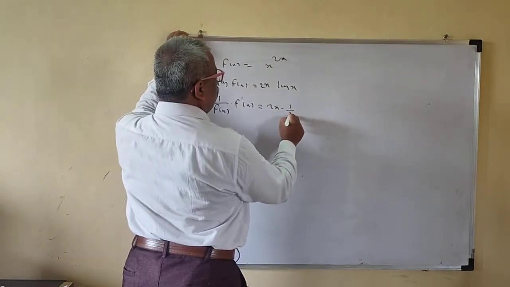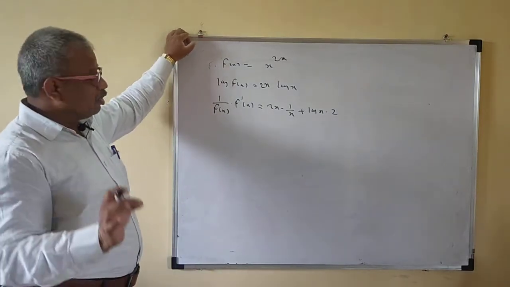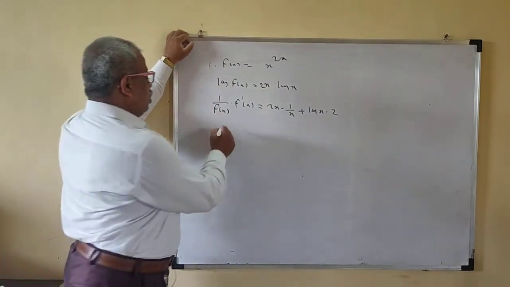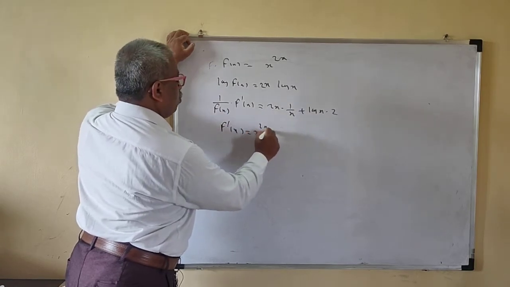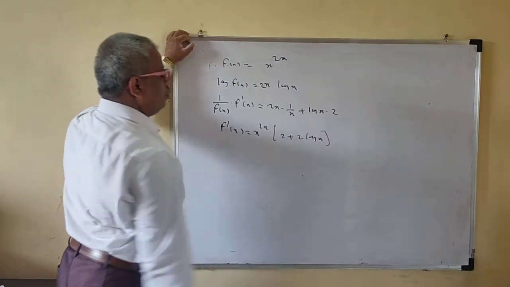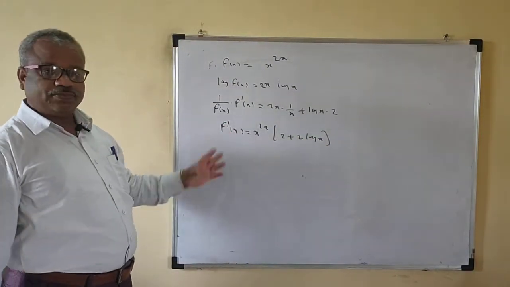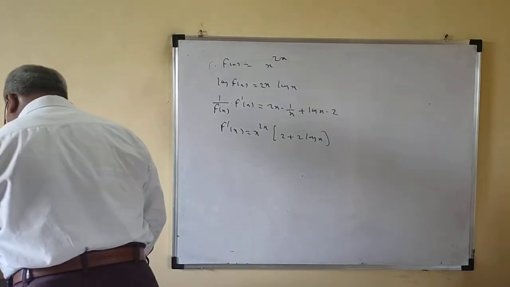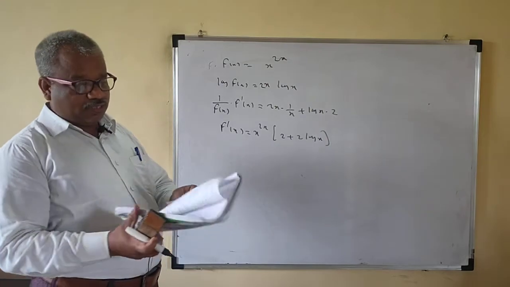Twice x into 1 upon x, plus log x into 2. Twice x is the product, twice x into log x. So f dash x is equal to, what is your f of x? X raised to twice x. Just simplify this, 2 plus 2 log x. Okay, so this is a simple example. Such type of function may be there. You have to find the derivative of this one.